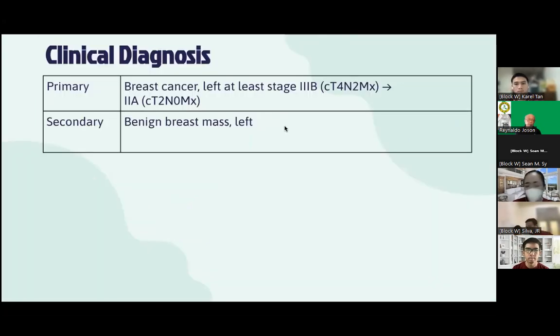There's another way of putting it: kung very sure ka na breast cancer siya, based on the pattern recognition and also the prevalence, you don't have to put the benign one. Kasi medyo malayo naman yun eh. Di ba? You're not thinking of most likely it's also a cancer. So you try to think of a type of cancer. What type?